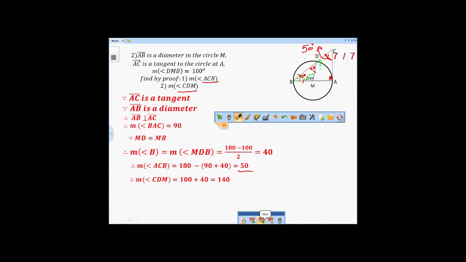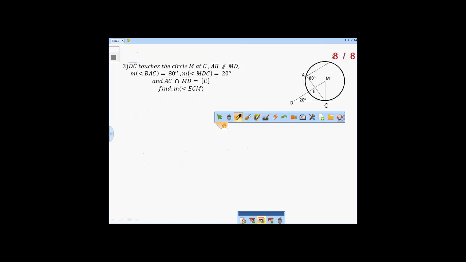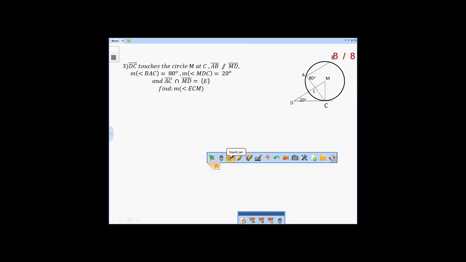Let us see another exercise. Here I have DC touches a circle at C, with center M. And here I have AB is parallel to MD.